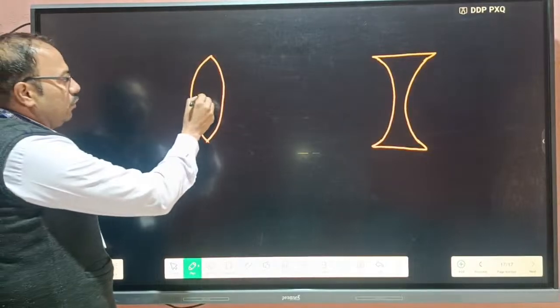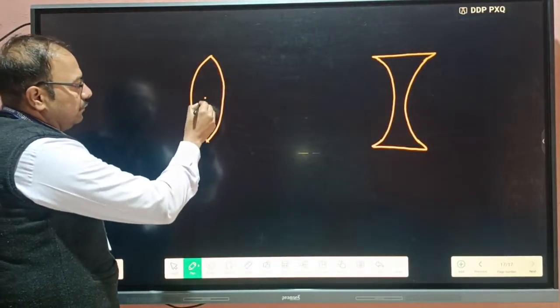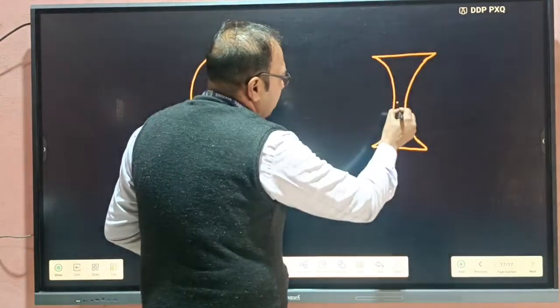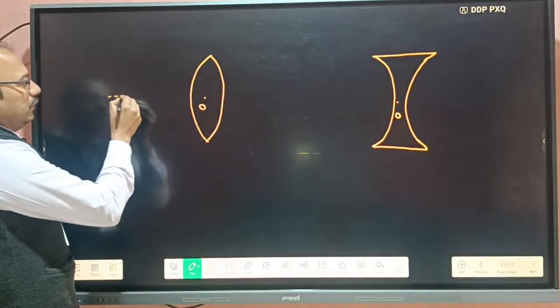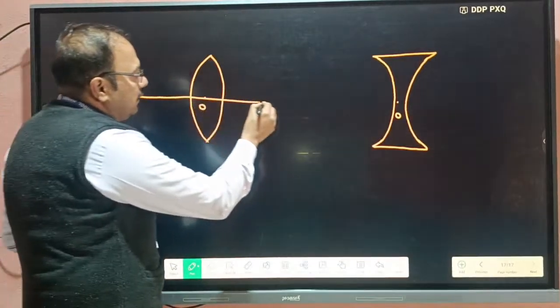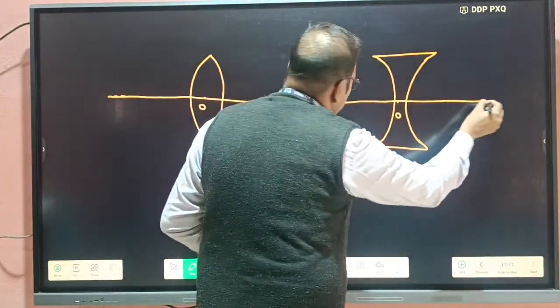So this is the center of the lens O, and this is also the center of the lens O. So draw here the principal axis. So this is the principal axis that passes through the center.